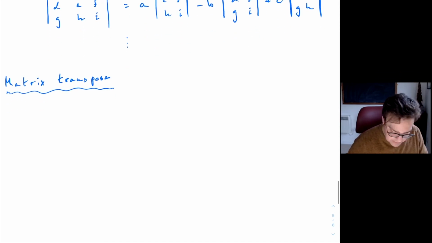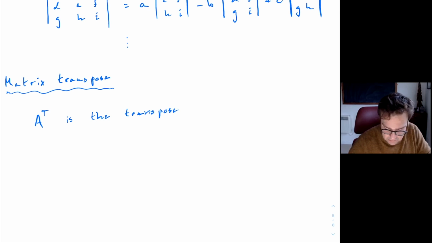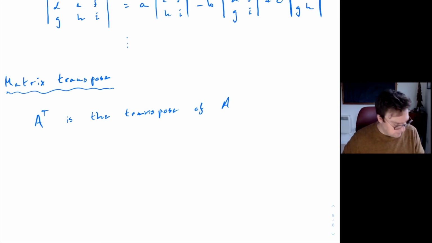The notation we use for it is a superscript of the capital letter T. So we say A with a capital T superscript is the transpose of the matrix A. And here is what its elements look like.